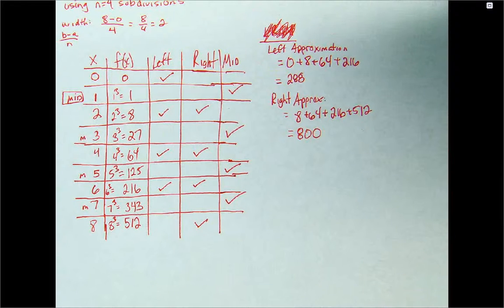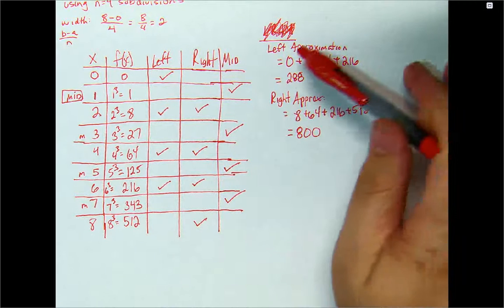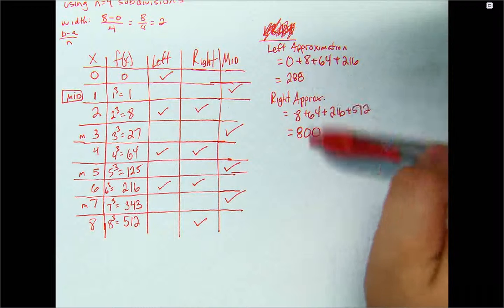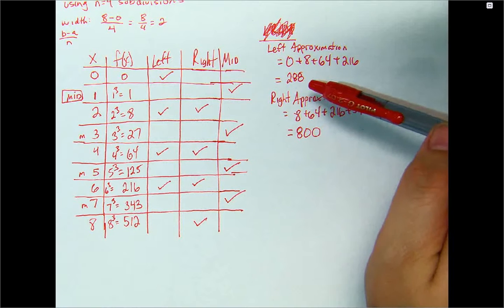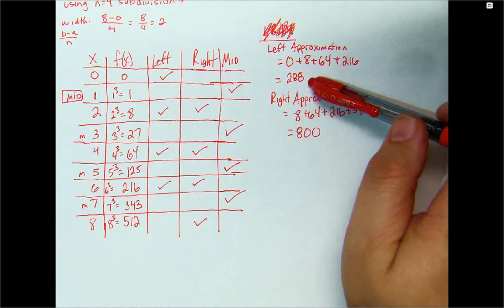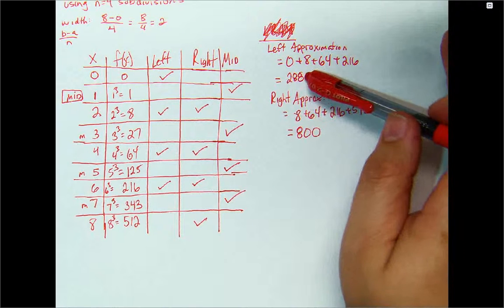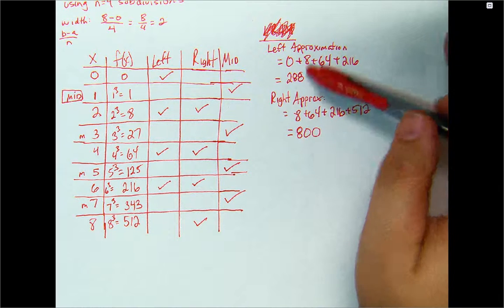Now, the left and the right pretty much give us the bounds of what the area under the curve is going to be. The area is going to be bigger than 288, and it's going to be less than 800. We just don't know exactly which one is going to be which.